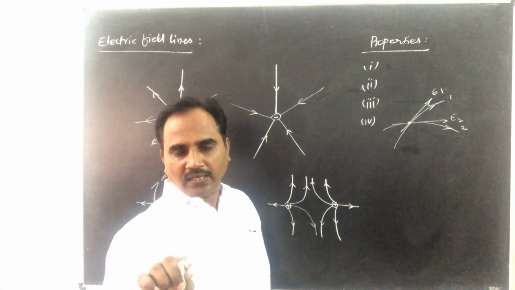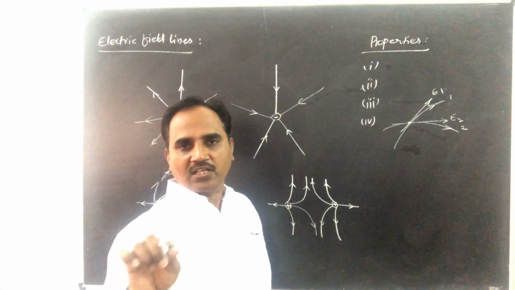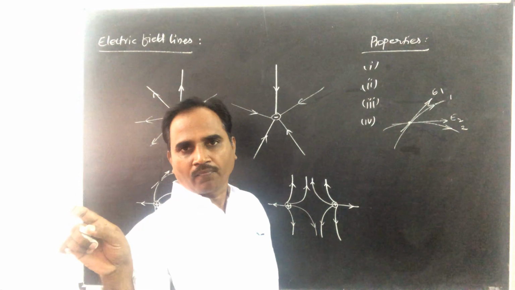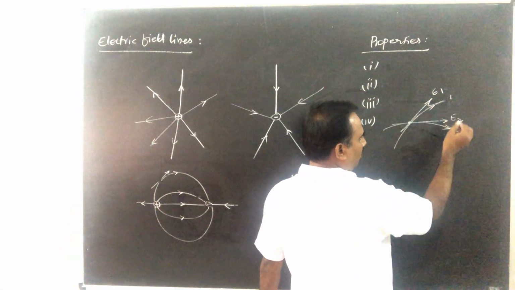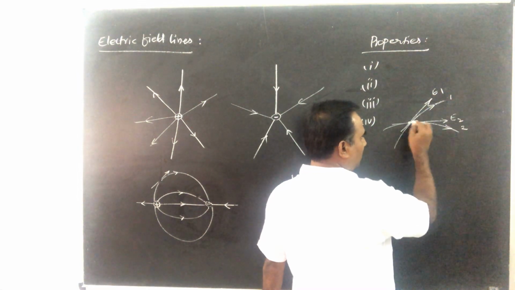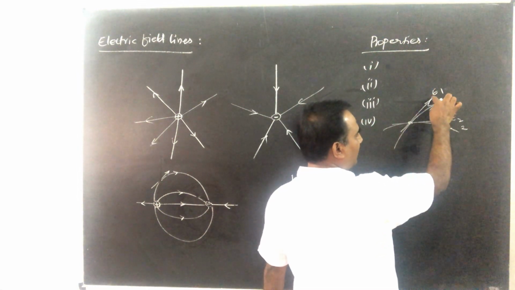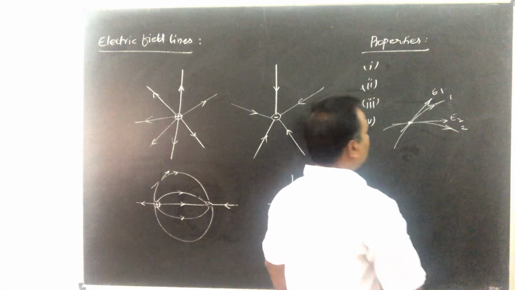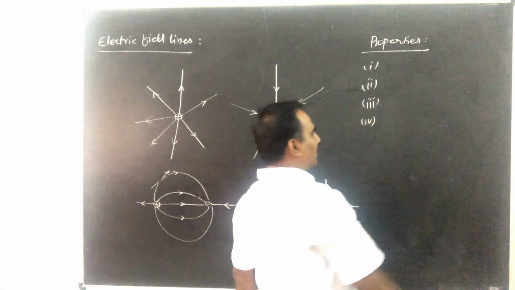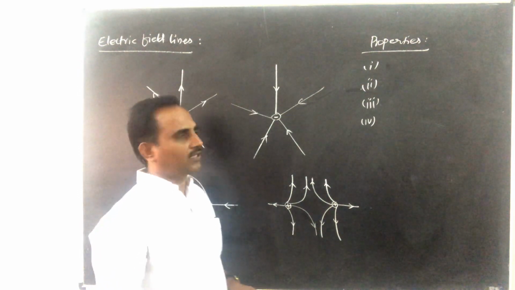So at a point, electric field or electric intensity has only one direction. Two electric field lines intersecting means at the point of intersection the electric field has two directions, which is not possible. That is why two electric field lines never intersect.